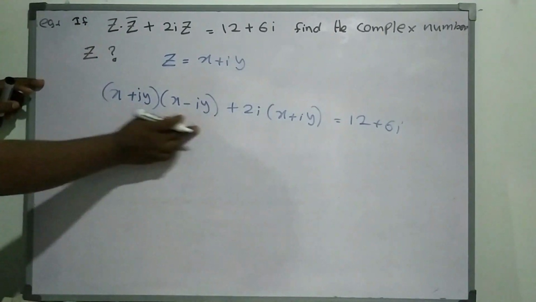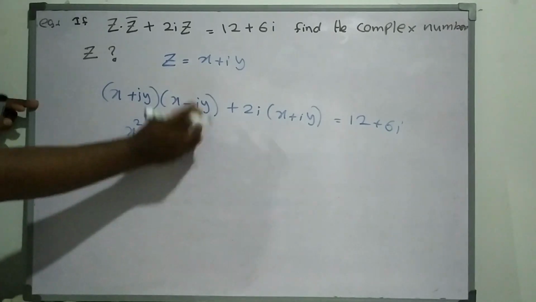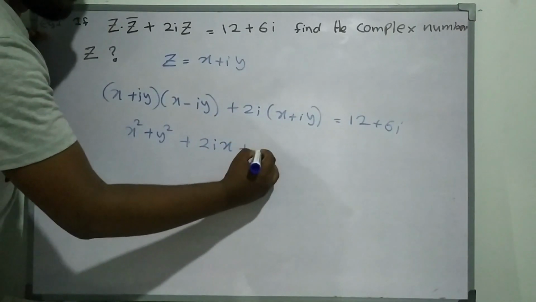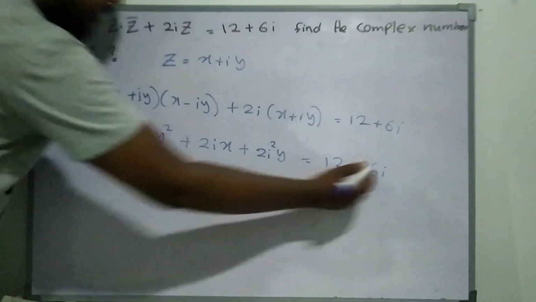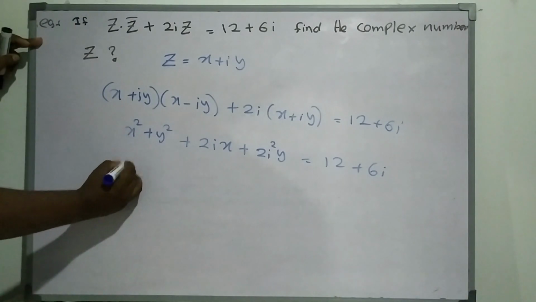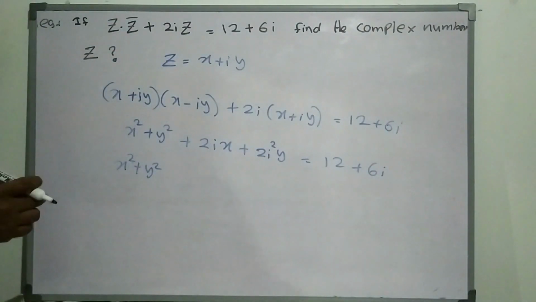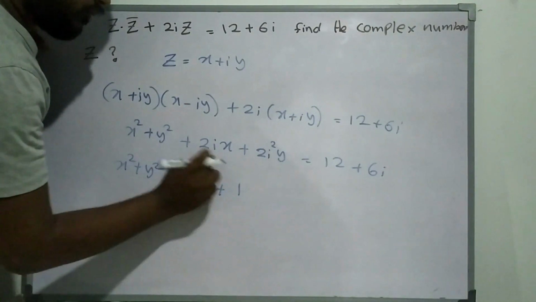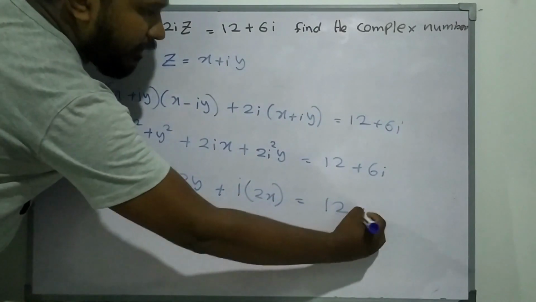This is the previous result actually, x squared plus y squared, and 2ix plus 2i squared y equals 12 plus 6i. This is x squared plus y squared, 2i squared y means minus 2y, and i times 2x, this is 2x plus... 6.